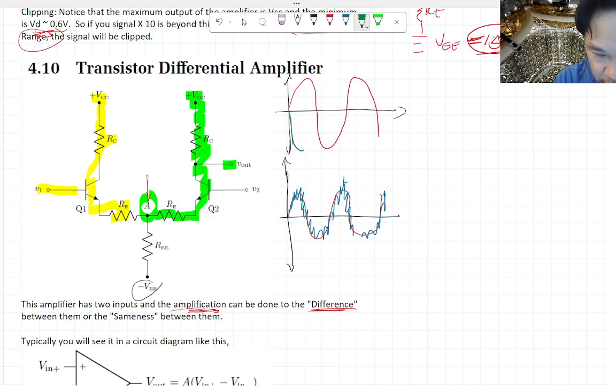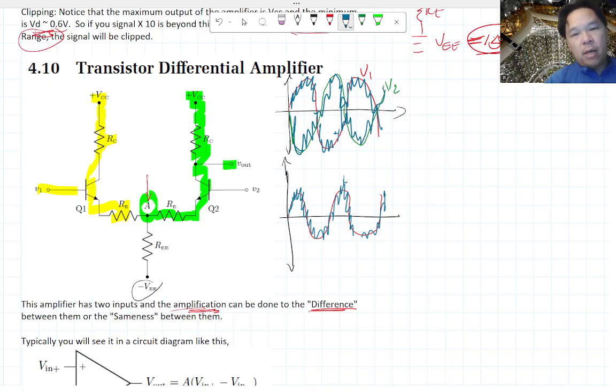Let's do that green. So say the green is V2, the red is V1. And there's still noise on top of this, but the noise is common between the two of them.